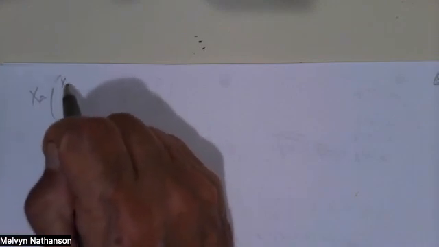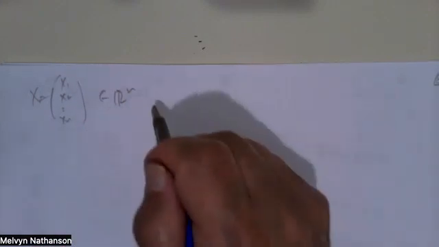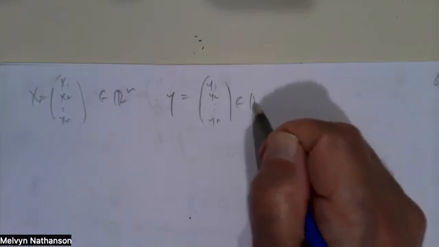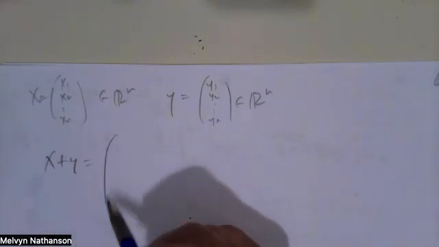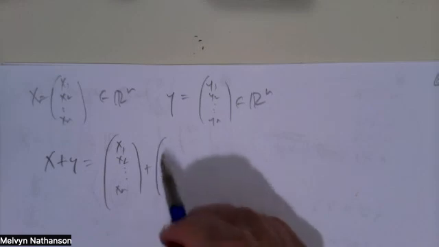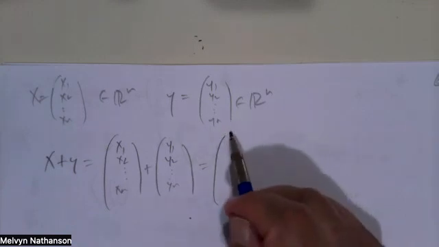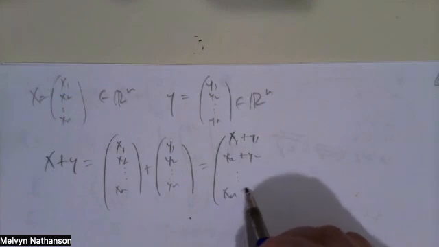So if x is the vector x1, x2 down to xn in Rn, and y is the vector y1, y2 down to yn in Rn, we can define x plus y by adding coordinate-wise: x1 plus y1, x2 plus y2, down to xn plus yn.